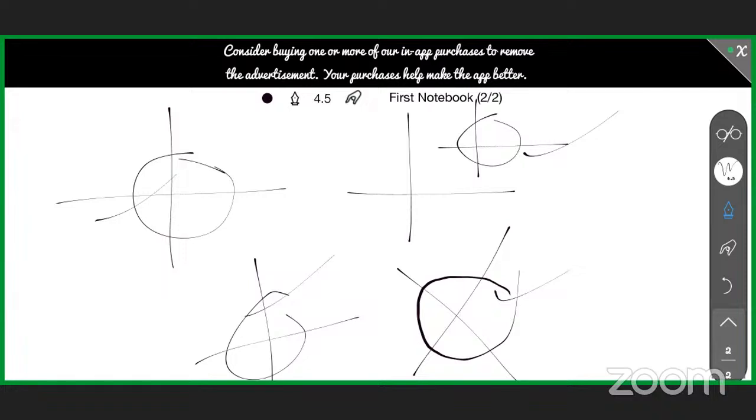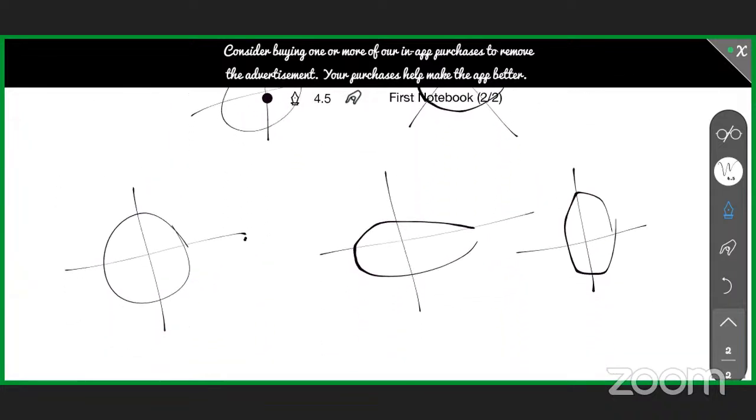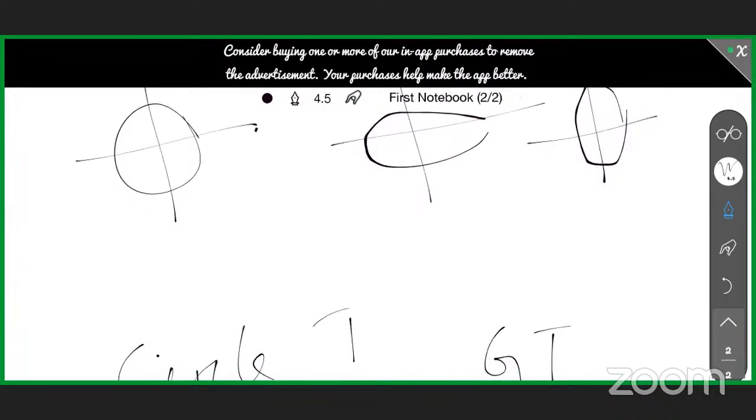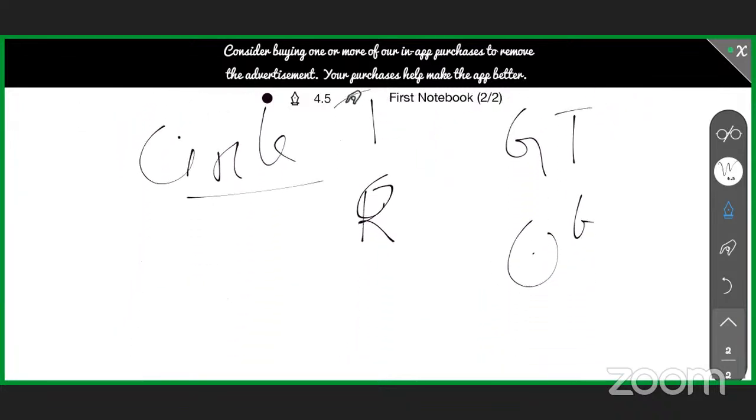It becomes a stretched circle, and a stretched circle is nothing but an ellipse. Correct? Yes, sir. So this is the reason behind the transformation of a circle.